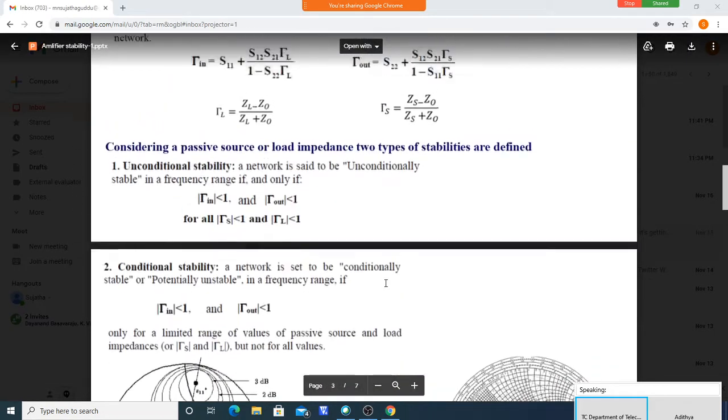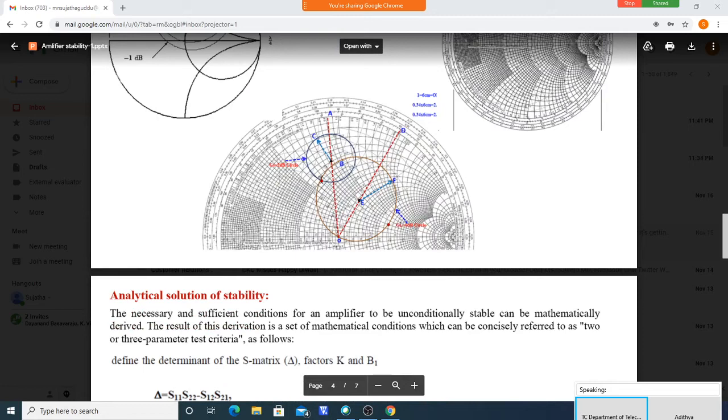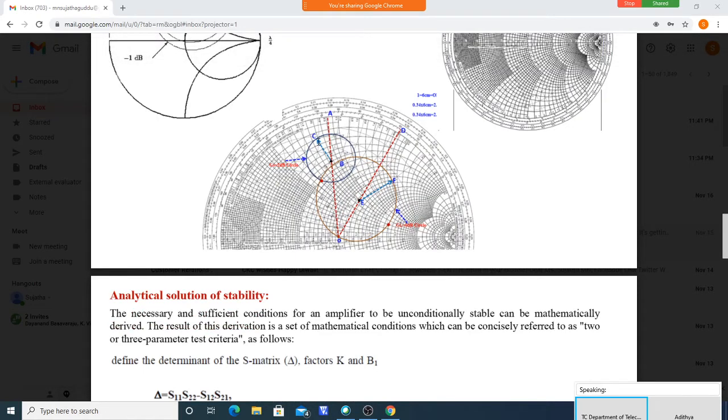Stability. Before choosing the value of impedance, any value over this circle to get a gain of 2 dB, you should see the stability of the circuit. What happens to the stability of the amplifier if you choose an impedance at any value over this? Either you can choose here or here, but we cannot take any value over the circle.